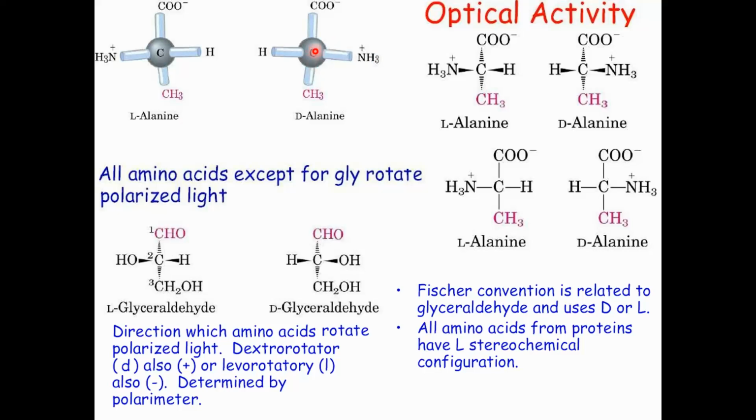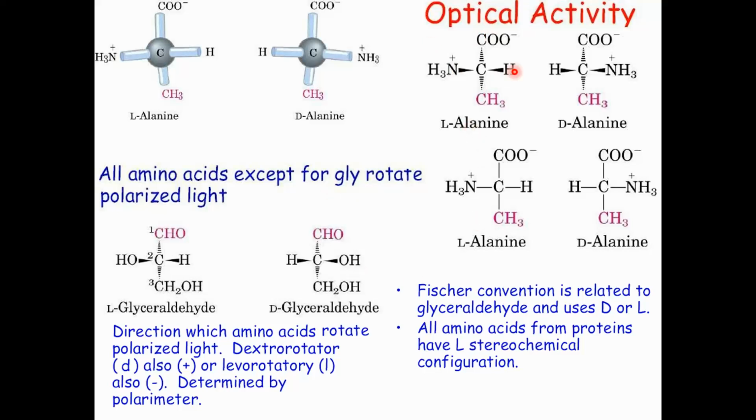Because of the ability of amino acids to have different atoms or different groups joined with a central carbon atom, or because of isomerism, amino acids can rotate plane polarized light, either to the left-hand side or the right-hand side. So we call this property optical activity.